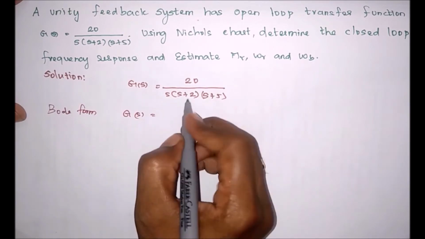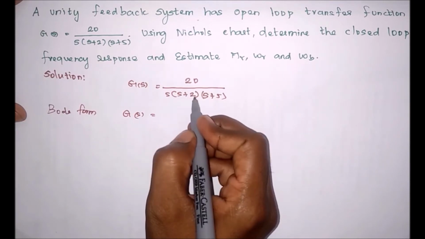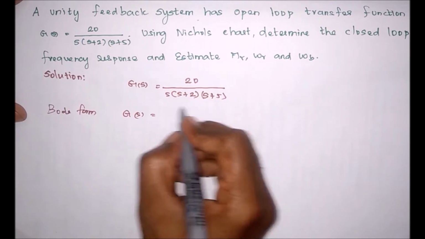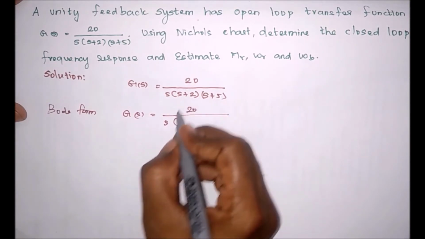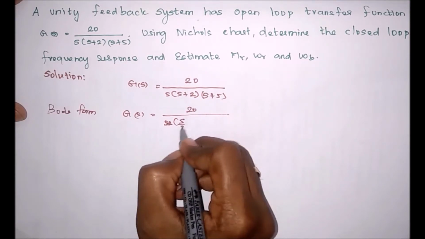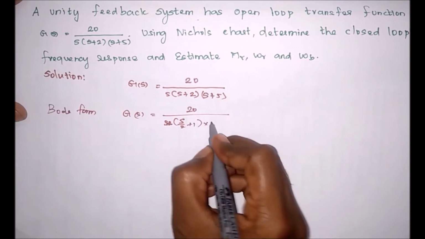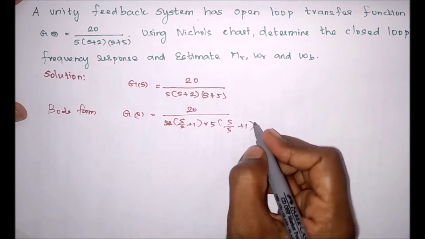Bode form means the poles in the denominator should be in the form of 1 plus s terms. So 20 divided by s, and now we take 2 outside, so (s/2 + 1). Then we take 5 outside, so (s/5 + 1).